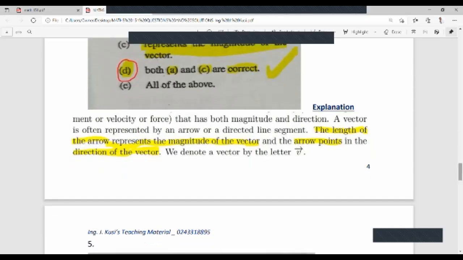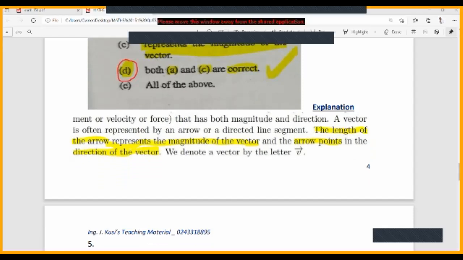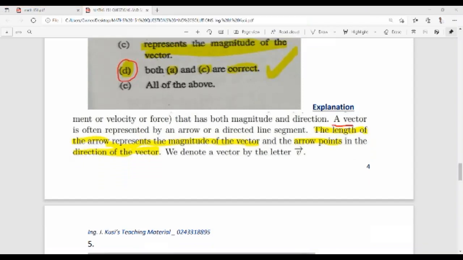Okay, so this is the explanation. Let's read from this part, because I picked the explanation from the slides. It says a vector is often represented by an arrow or a directional line segment. And it says the length of the arrow represents the magnitude of the vector.